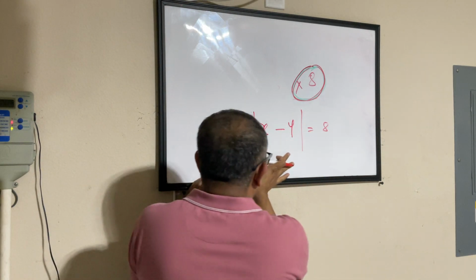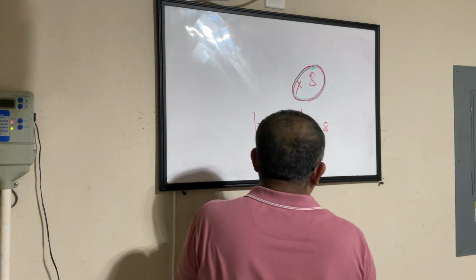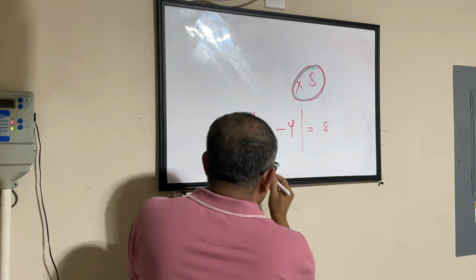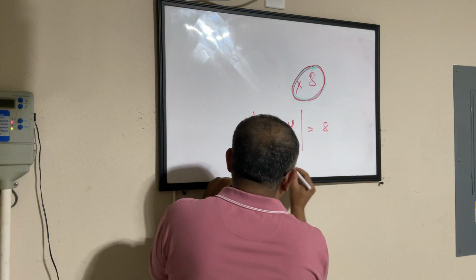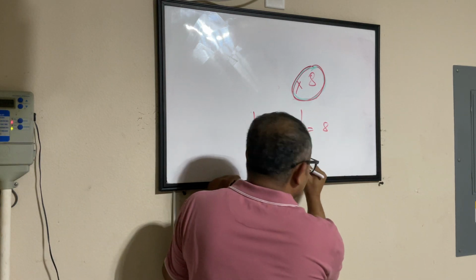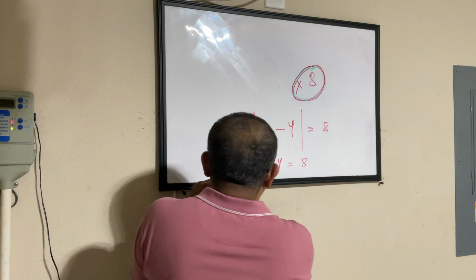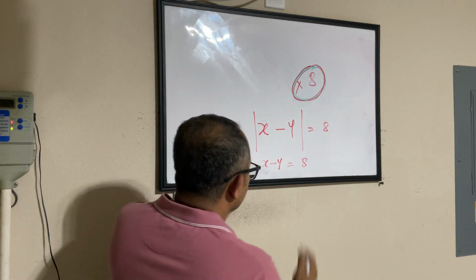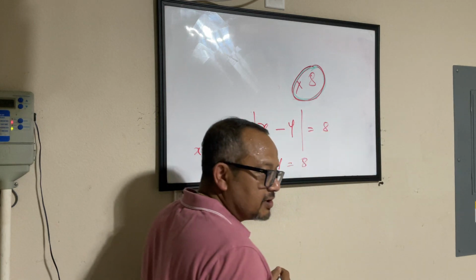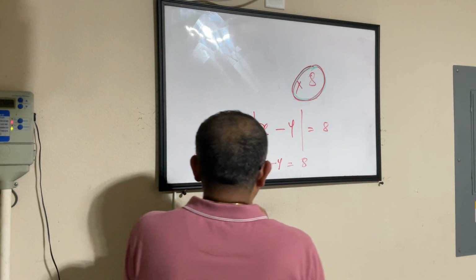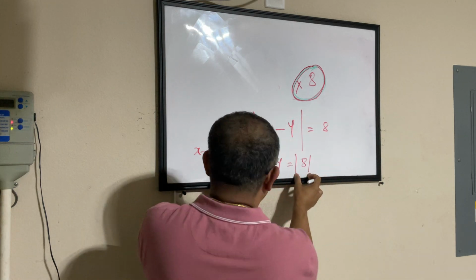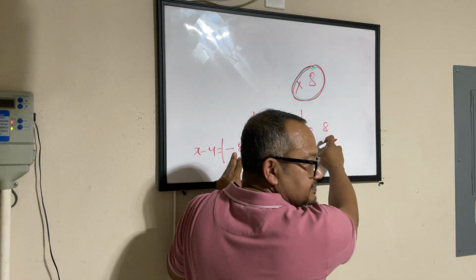When I have x minus 4, these two bars, equals 8, meaning this x minus 4 could be equal to 8, or x minus 4 could be equal to minus 8. Ignore the bar, because in both cases, when I'm putting a bar to it, I'm only talking about the absolute value, that is 8.